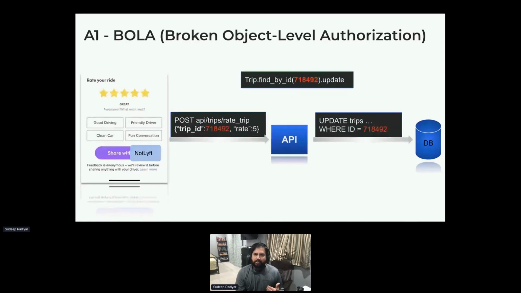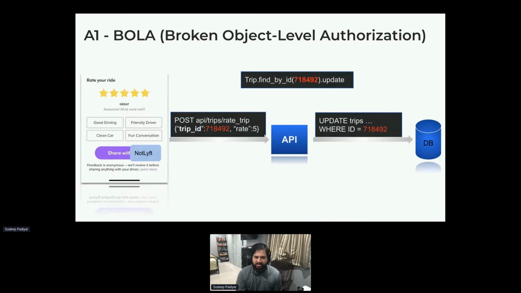Because these are numerical IDs, you can write a script which will iterate through hundreds of thousands of such trip IDs, and then you can give them a rating of 0, which will cause issues for the business logic of the application, and which will potentially affect that driver or potentially impact that particular ride-sharing app itself, because the ratings have now been abused. So this is a very common way by which you see broken object level authorization being used by attackers.